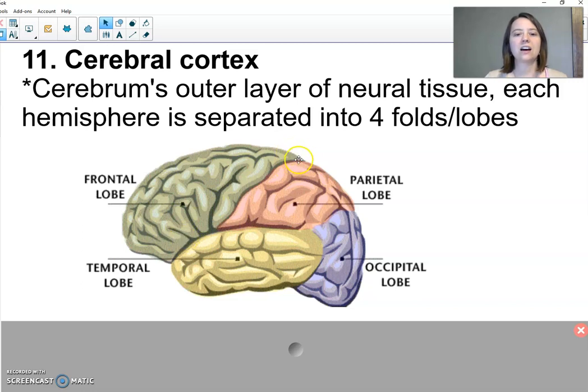And then the back one is called the occipital lobe, makes up the back. And then right in front here is the temporal lobe. And then between all of them is the parietal lobe. And each one of these lobes has its own job, and we'll talk about each one.